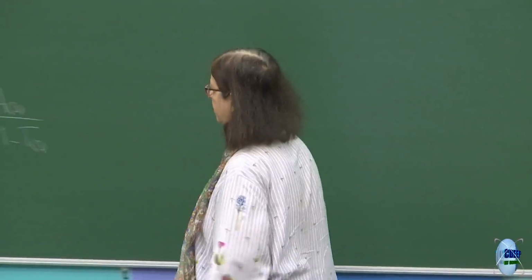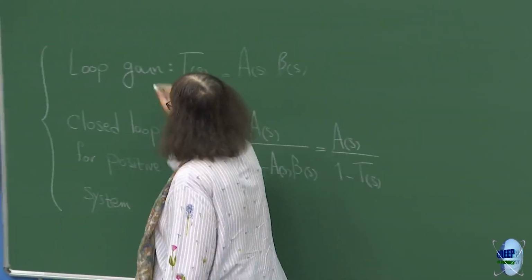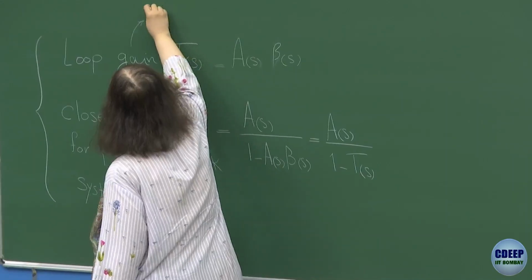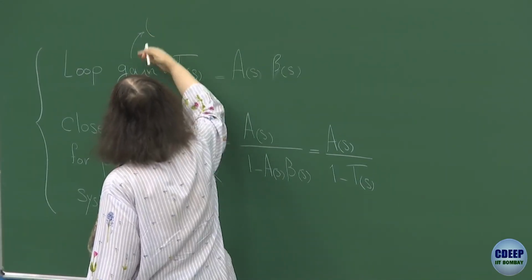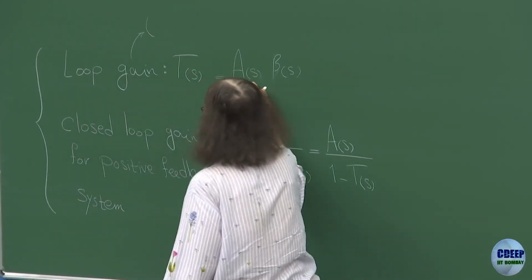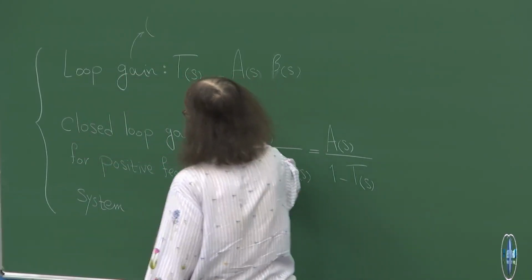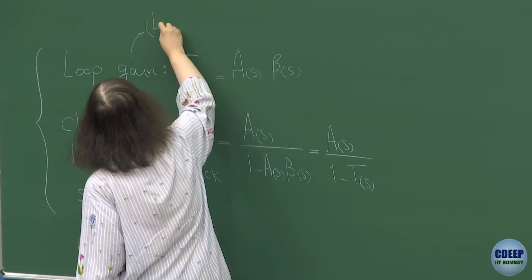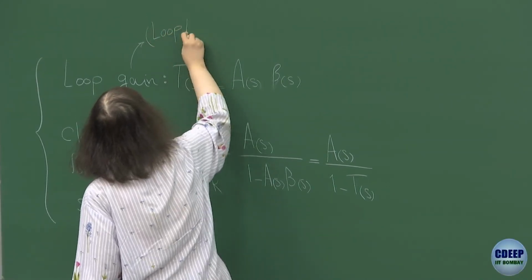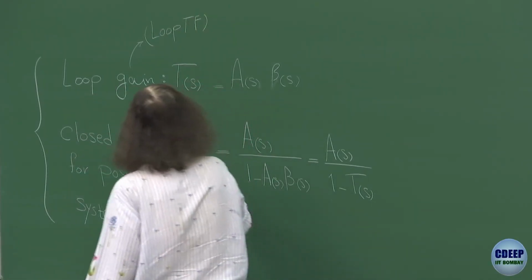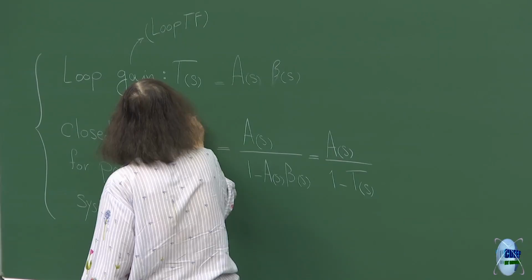In general it is known as loop gain for historical reasons, and usually you have an amplifier with a feedback factor. But in general, eventually it is the loop transfer function. Similarly here is the closed loop transfer function.